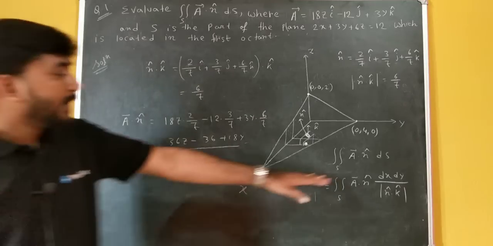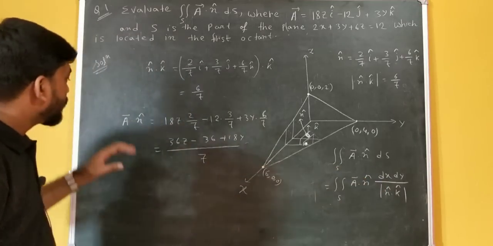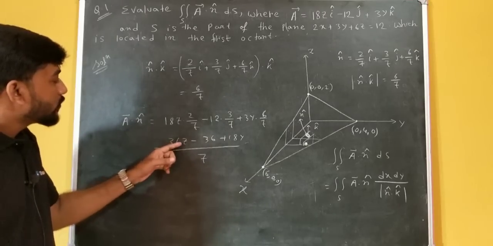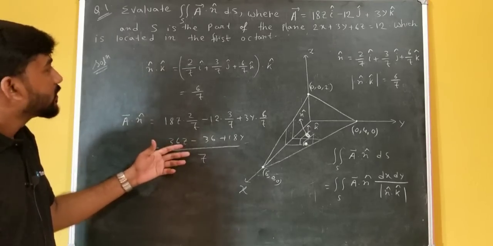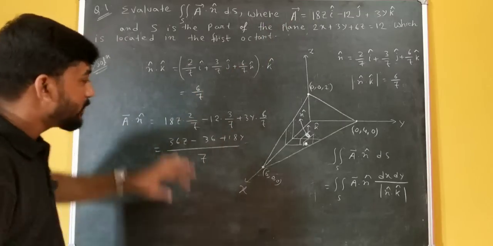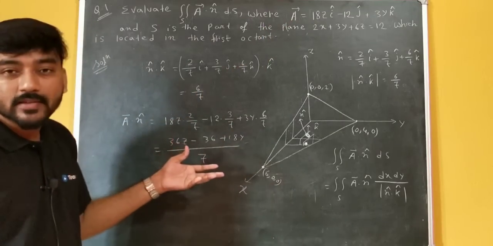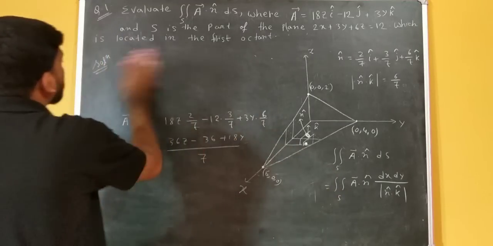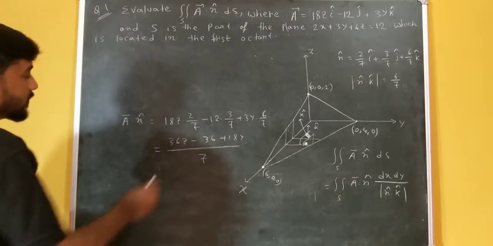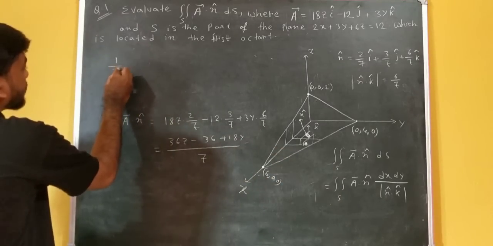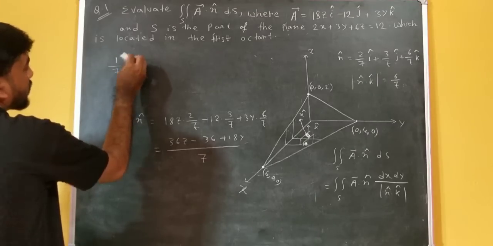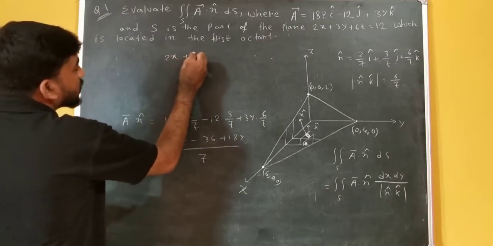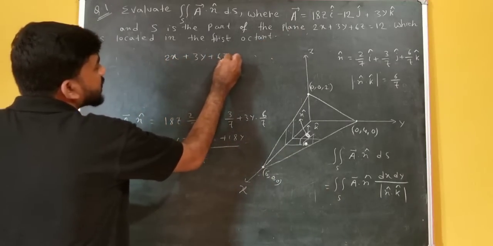But we want to integrate on the xy plane, so we should convert this result only in terms of x and y. We have to remove this z by using the equation of the surface. Let me first modify this: 2x plus 3y plus 6z is equal to 12.